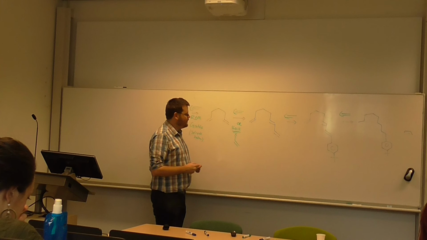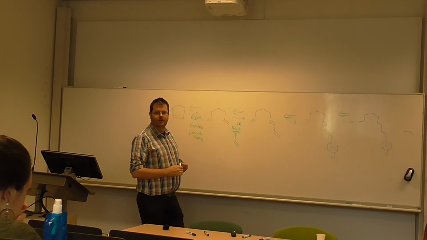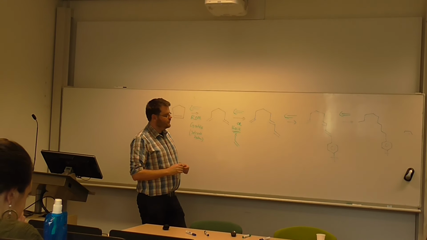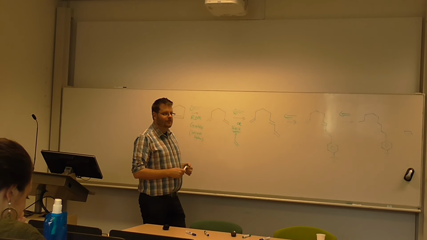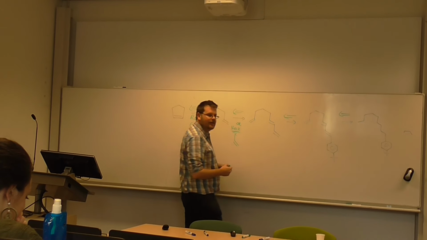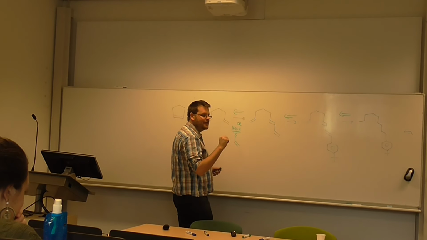Next step. What are we doing there? More coupling? Yes, more coupling. What type of coupling? Again, a Heck coupling. How do you see that? I don't understand the difference between different couplings.